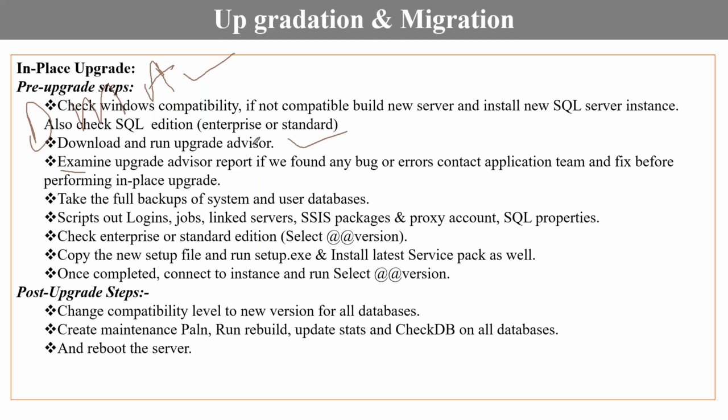If something is blocking you, then you can send the report to the application team to fix the issue, because we are not sure what level of code they designed. Some stored procedures, views, tables, we are not sure what code they are using or how they developed these tables, views, stored procedures. Yes or no?